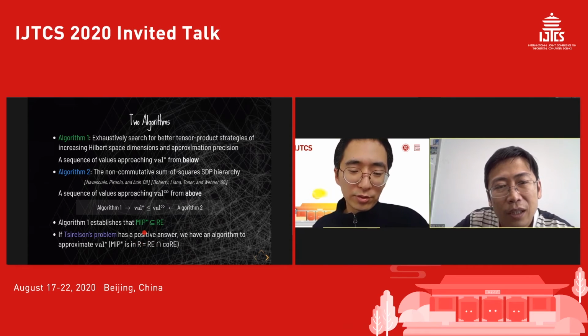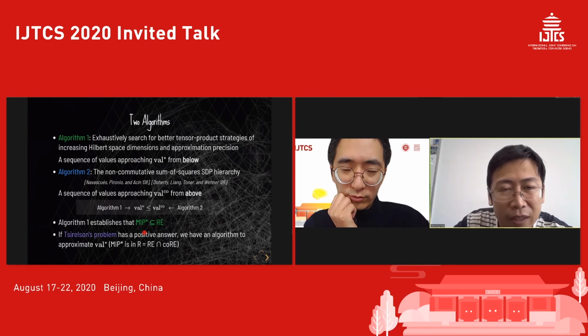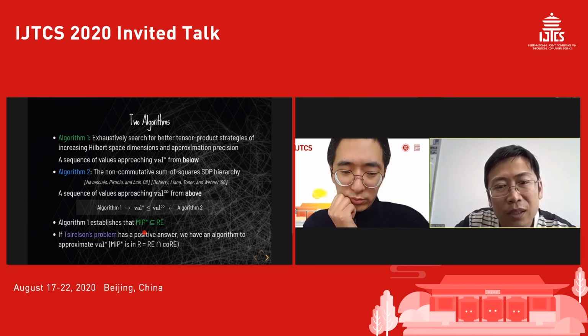Okay. Another question is that basically you solved the Tsirelson problem. Whether these two are equal is undecidable. But for a particular Tsirelson type inequality, is the value computable?